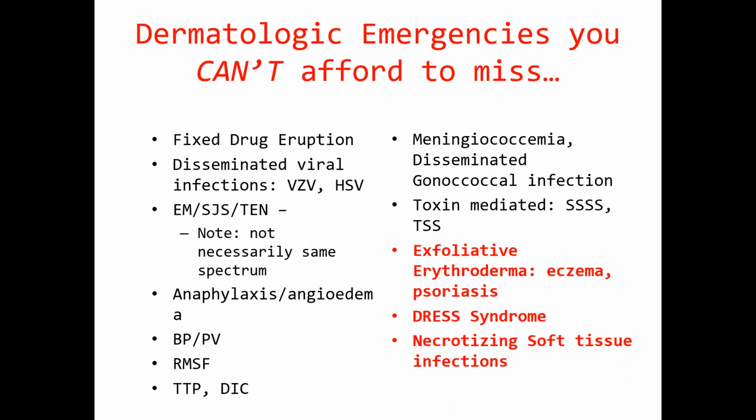Some of the things you should not miss in emergencies: fixed drug reactions, disseminated viral infections, that is varicella zoster or herpes zoster, herpes simplex virus, erythema multiforme, Stevens-Johnson and TEN, anaphylaxis, angioedema, bullous pemphigoid, pemphigus vulgaris, Rocky Mountain spotted fever, TTP, DIC, meningococcemia, disseminated gonococcal infections, toxin-mediated staphylococcal scalded skin syndrome and toxic shock syndrome.